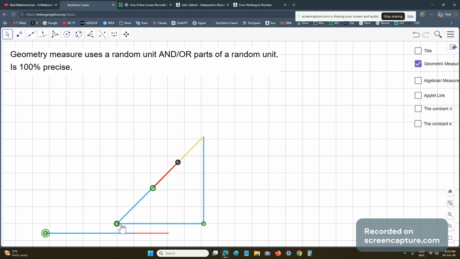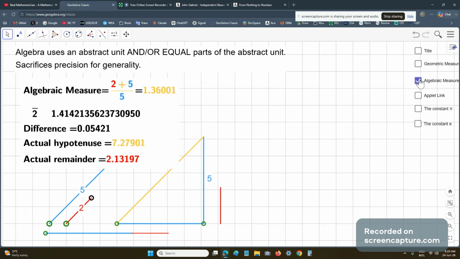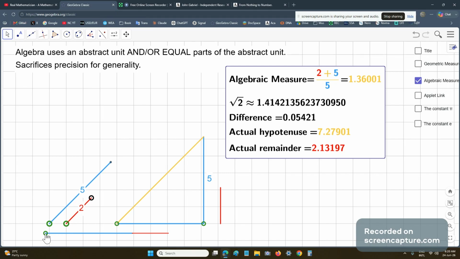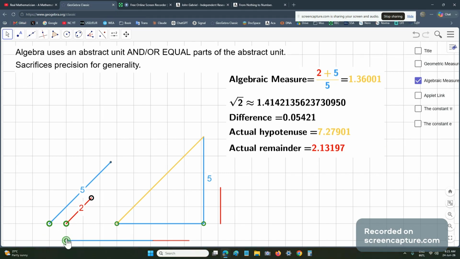Now, what is the difference between geometric and algebraic measure? So algebraic measure takes the abstract unit and divides it up and then tries to count how many times it goes into the sides and the diagonal.